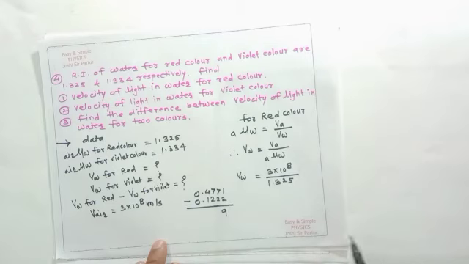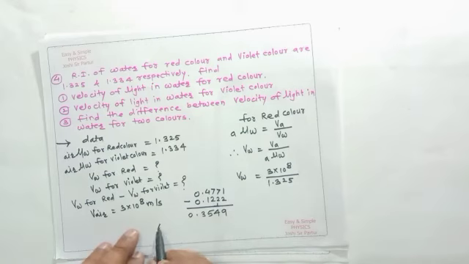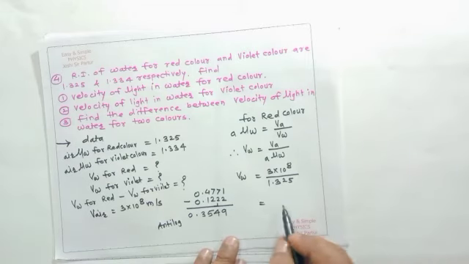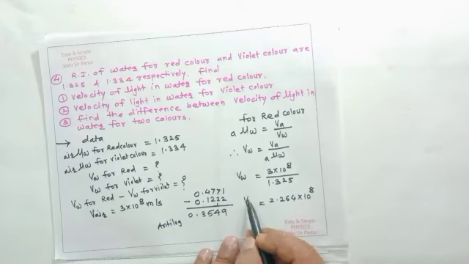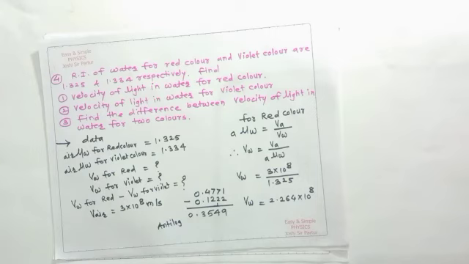Subtracting, 2 from 11 leaves 9, from 7 leaves 4, from 7 leaves 5, from 4 leaves 3. Taking the antilog of 0.3549, it will be 2.264 into 10 to the power 8, that is the velocity of light in water for red color.